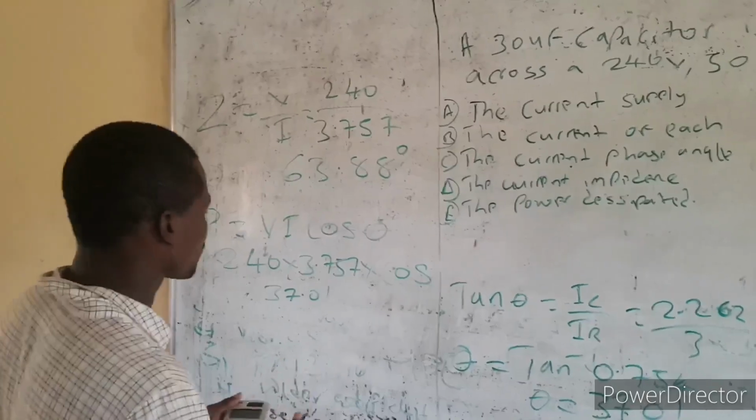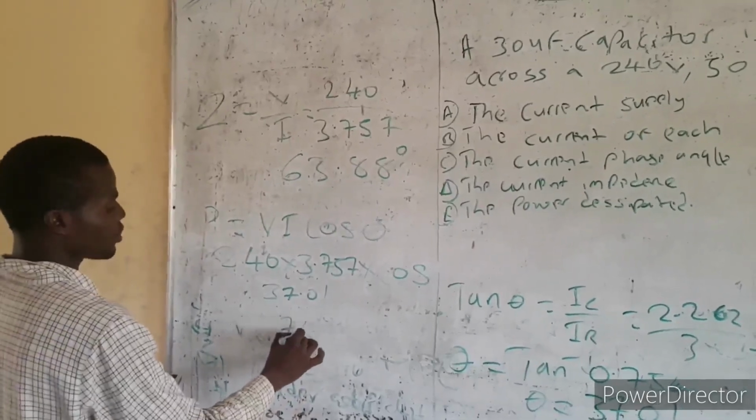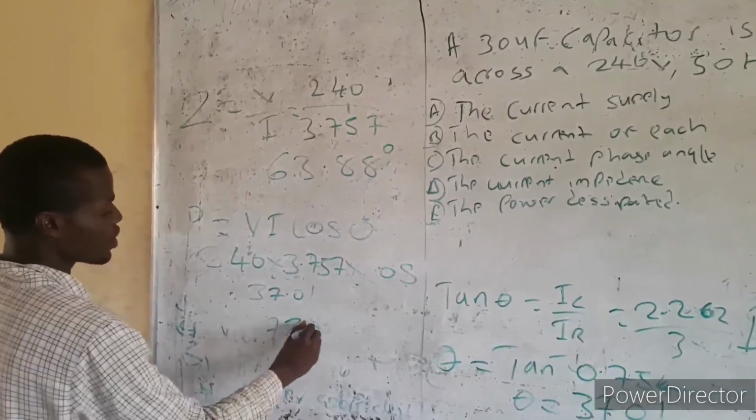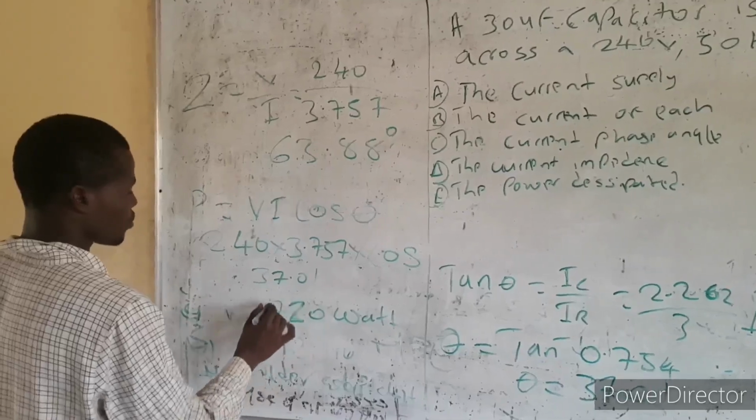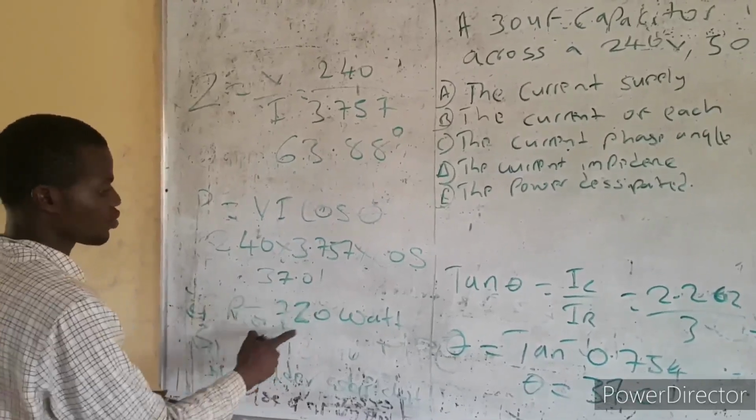That's going to give us 720. So our power dissipated is 720 watts.